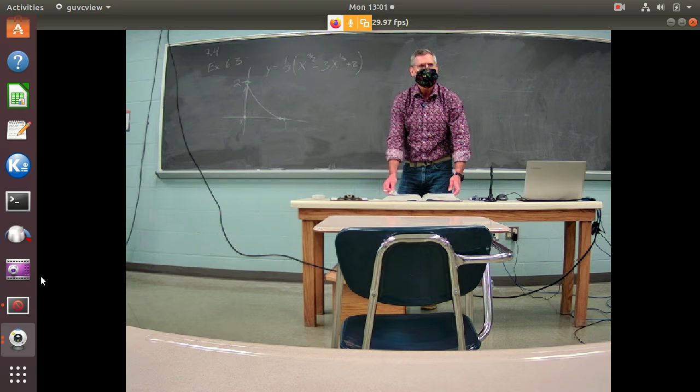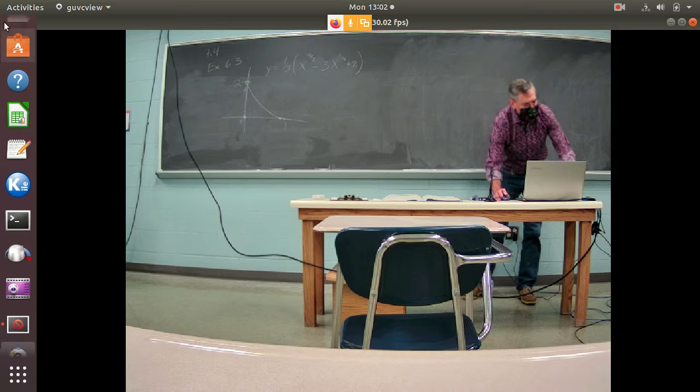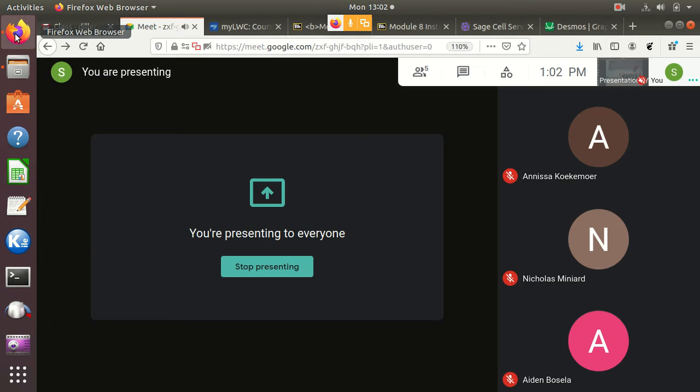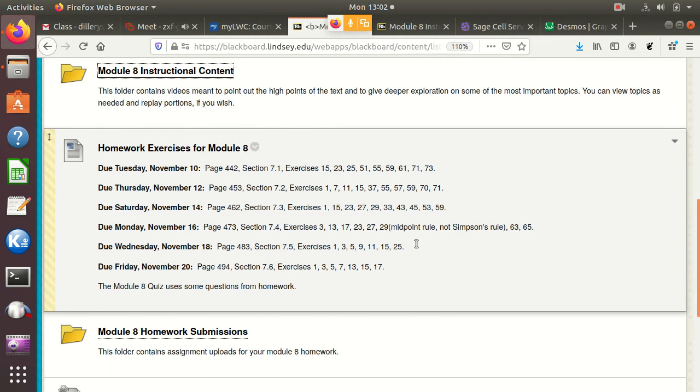I didn't assign anything from exercises 37 through, I guess, 48 or something like that, right? Nothing was from there. We can look real quick, I guess. Module 8, 7.4. Yeah, nothing from there. I just thought we'd not worry about the surface of revolution with the arc length. It doesn't do a whole lot other than add in a 2 pi in there.